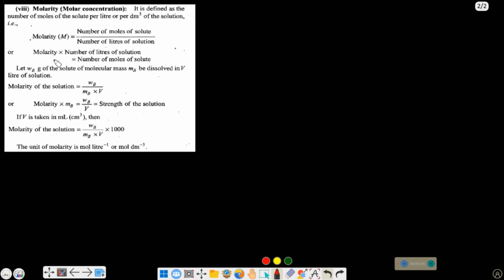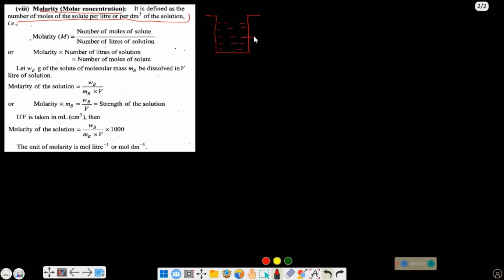So what do we mean by molarity of a solution? Here it is given what is molarity. It is defined as the number of moles of the solute per liter or per decimeter cube of the solution. Suppose I have a solution here.